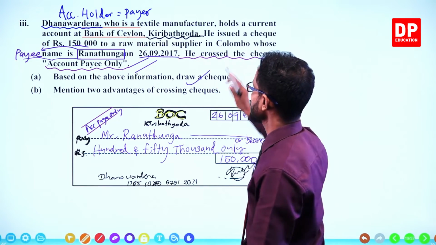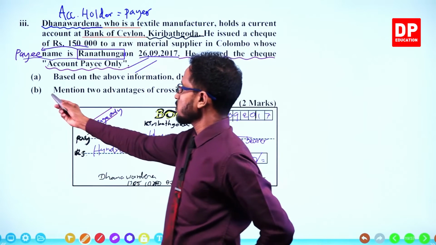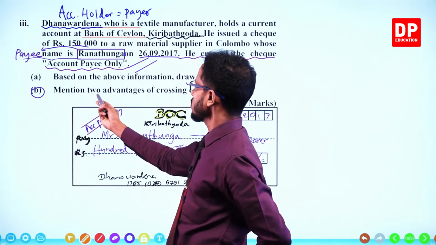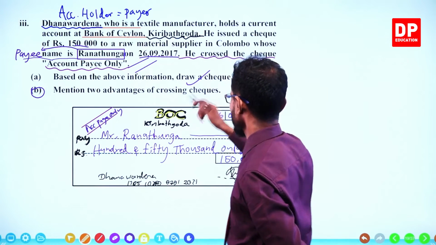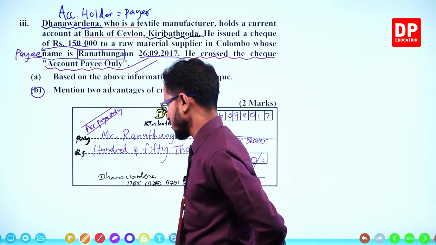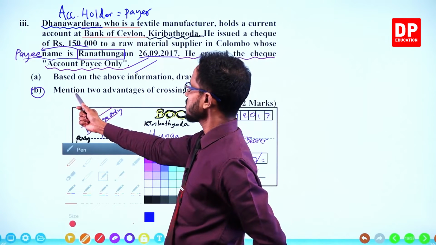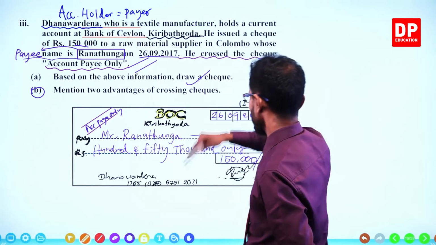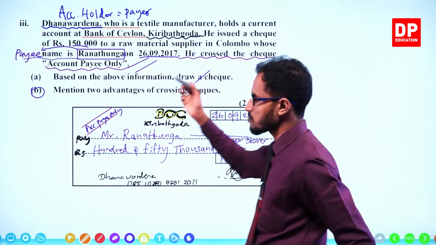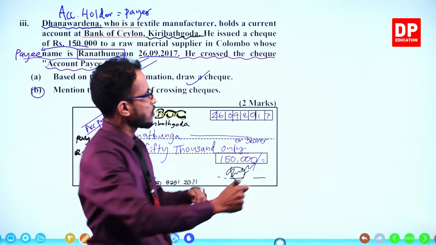We drew the check. Now the B part, mention two advantages of crossing a check. Easy. Two advantages of crossing checks. I'll write it here.